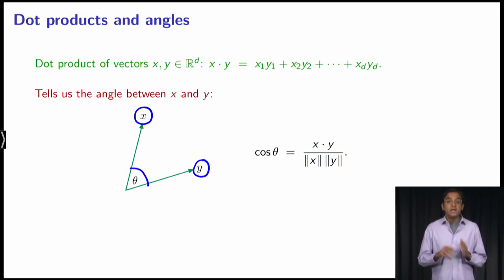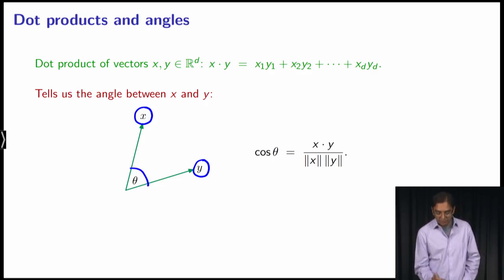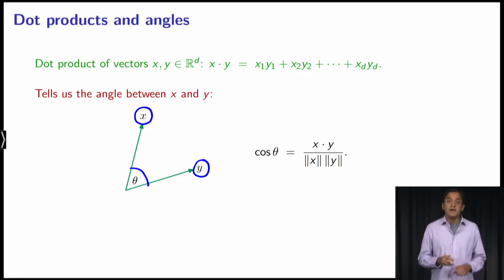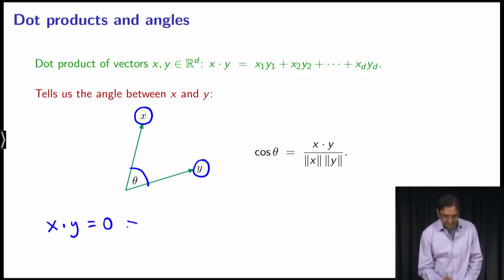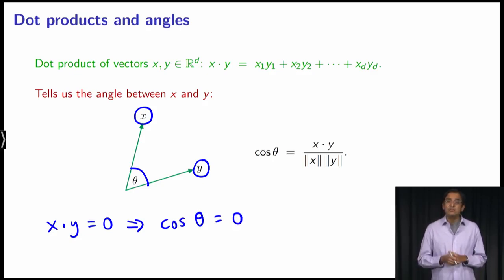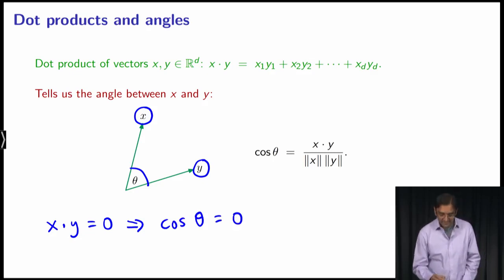It turns out that the cosine of theta is exactly the dot product of x and y divided by the length of x and the length of y. So for instance, if we have x dot y equals 0, like we had before, that means that the cosine of theta is 0. And what angle has a cosine of 0? 90 degrees.